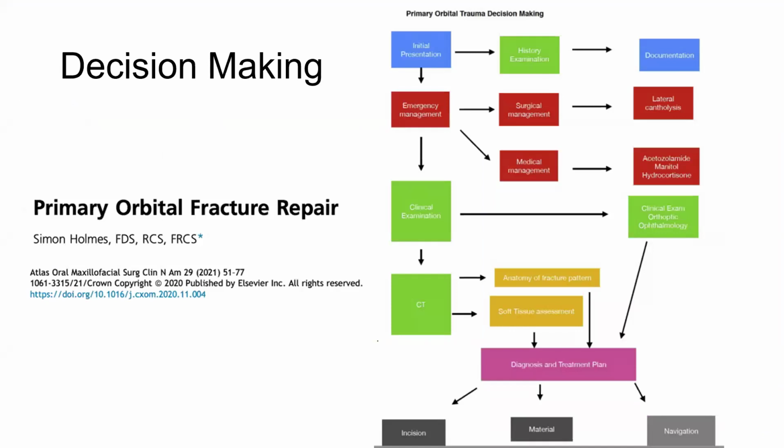Soft tissue assessment has to be done. The right diagnosis and treatment plan should be ready, and we have to decide on our approach, the material we are going to use, or any other system we need for the orbital surgery, like endoscope, navigation, virtual surgical planning, all those things.